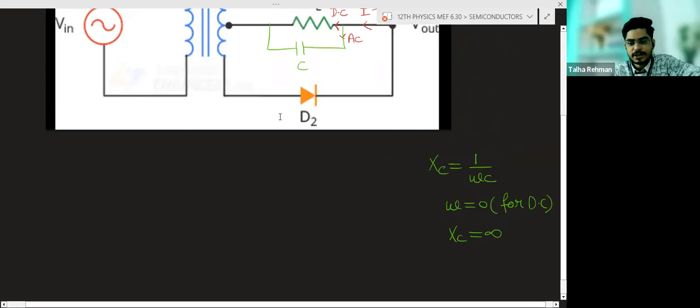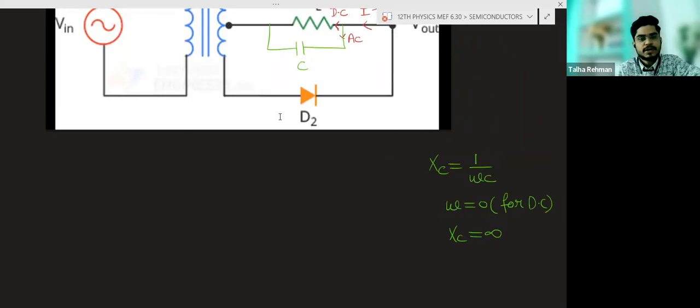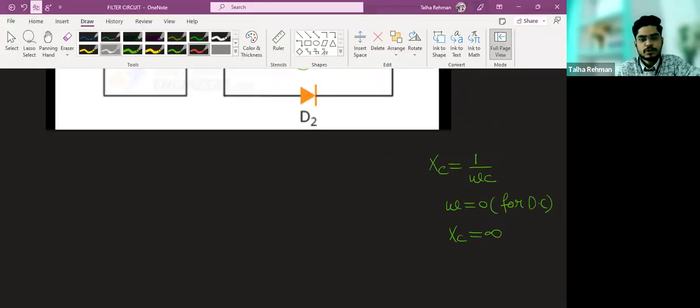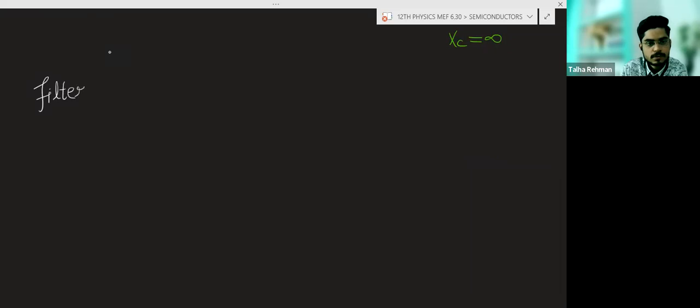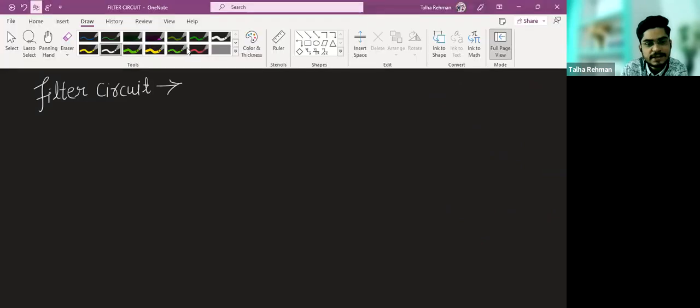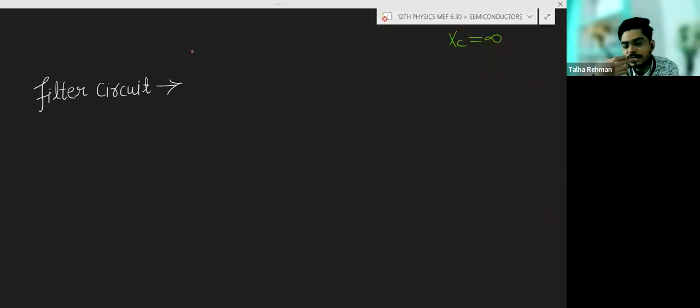So what I was telling you, the definition part. The definition was: filter circuit. The filter circuit is filtering the AC by using a capacitor in parallel with the load resistance.